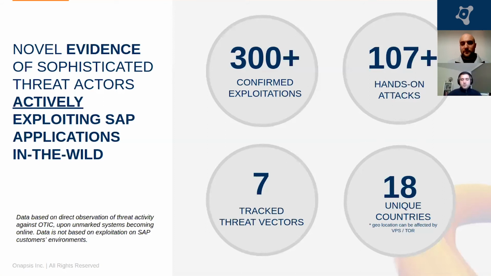I wanted to touch base on a research that we released a few weeks ago together with SAP. We basically set up a threat intelligence network to be able to identify and capture IOCs and threat activity, to understand what threat actors are doing when they get in touch with SAP applications.